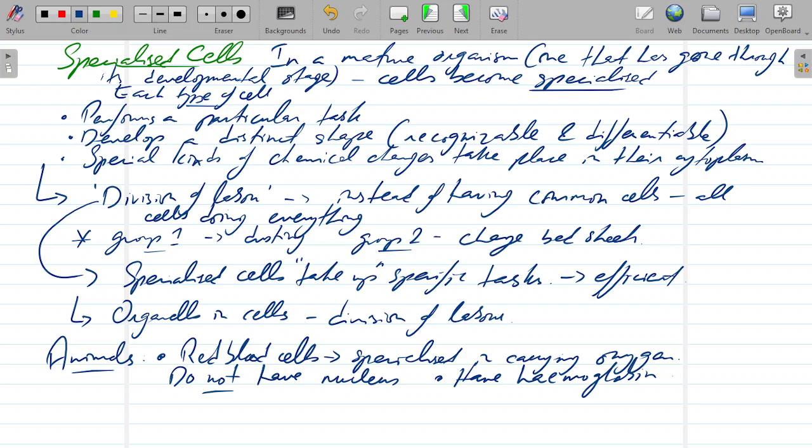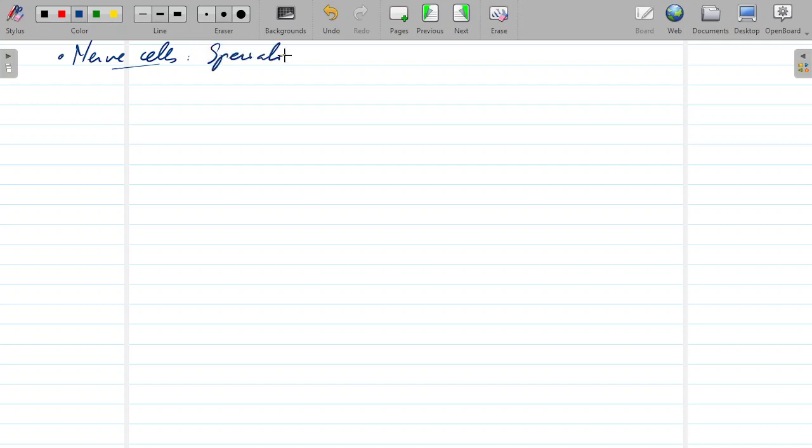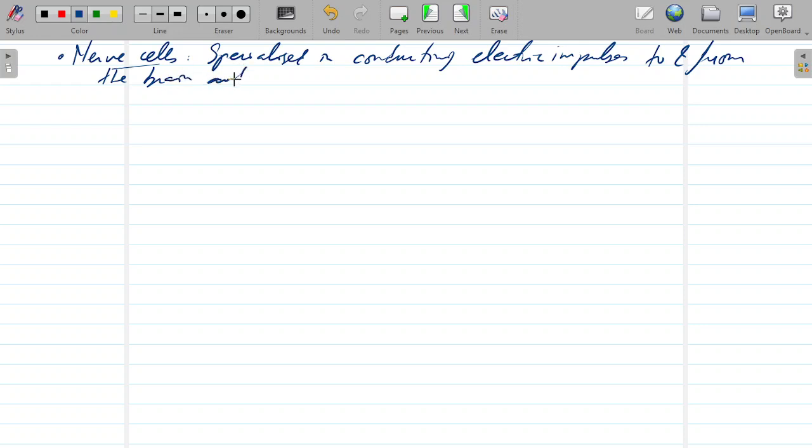Then you have nerve cells. These cells are specialized in conducting electric impulses to and from, meaning towards and away, the brain and spinal cord.